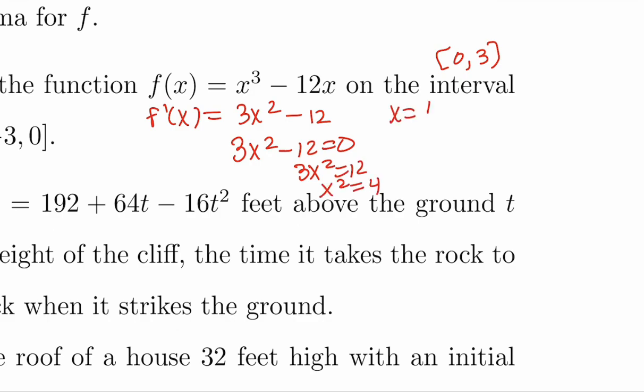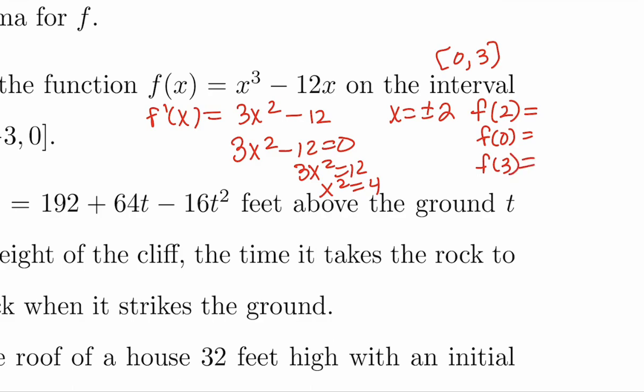We find critical numbers of plus or minus 2. Don't forget the plus or minus. Now, for our first interval, 0 to 3, which one of those critical numbers are in the interval? Plus 2. Just 2.